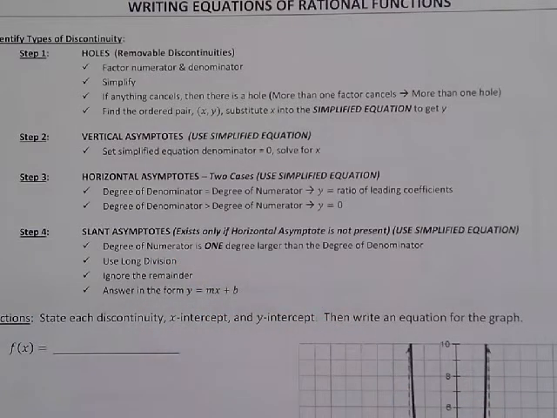So simply, all the examples that you see on this file are about a given graph of the rational functions, and you will create the function equations based on the key features that you can observe from the given graphs.